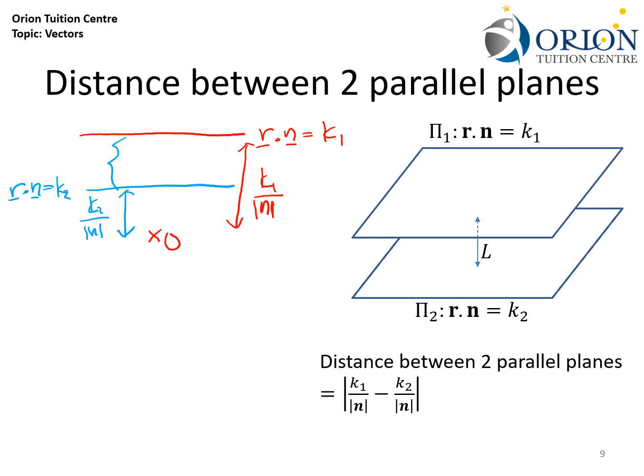Note that this formula works when k1 and k2 are of opposite signs as well, and we do not have to specially change any of their signs.